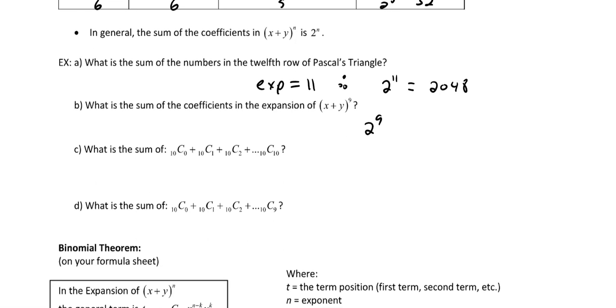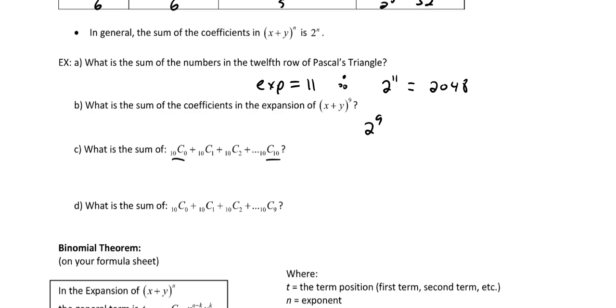Okay, what is the sum of, and then they've got it written out with combinations instead. Okay, so if we think about this, right? This was our first one, and it goes all the way up to 10. This is actually going to be our exponent value of 10.